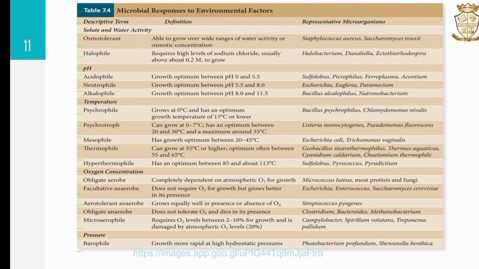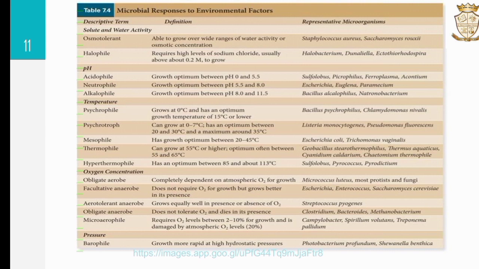The first one is solute and water activity. The selectively permeable plasma membrane separates the microorganism from their environment. They can be affected by changes in the osmotic concentration in their surroundings. Microorganisms placed in a hypotonic solution will burst, and those placed in a hypertonic solution will shrink.